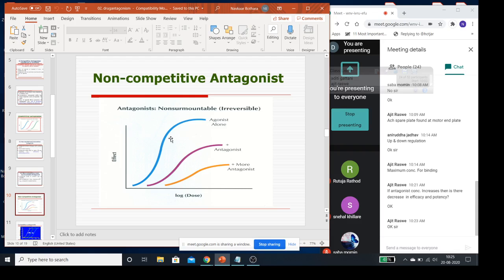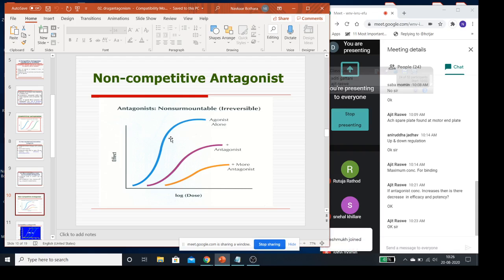If the agonist is not able to bind on the receptor, then much of the receptor is of no use for the agonist, and no effect will be seen, and therefore the total or maximal effect decreases. So maximal effect will not be seen when it is a non-surmountable or irreversible type of antagonism.